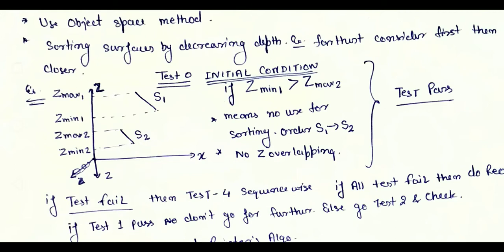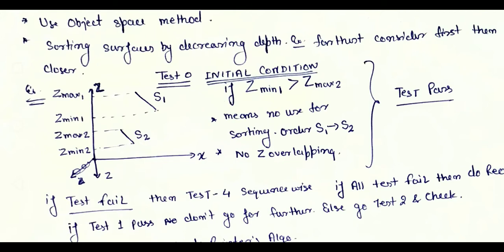Now you have to compare Z minimum 1 and Z maximum 2. If Z minimum 1 is greater, S1 is farthest and S2 closer, so first you take S1 and then S2.